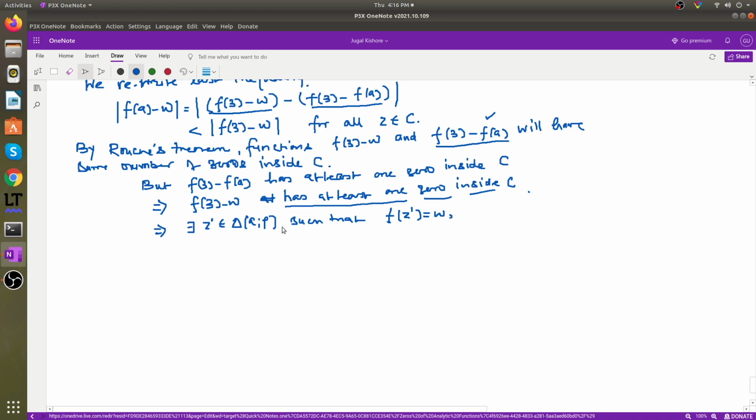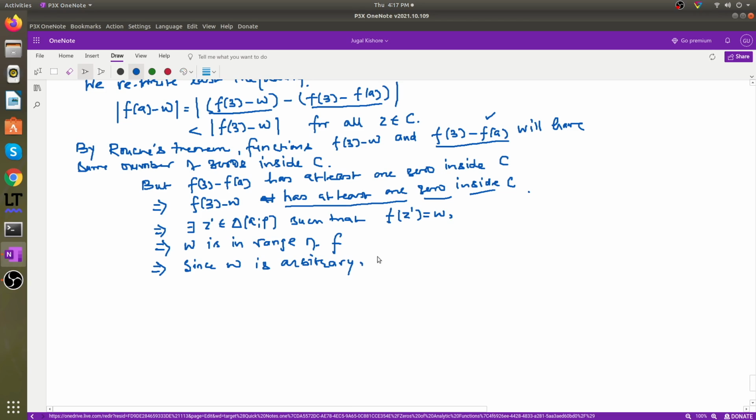Okay, so we have that w is in the range of f. And since w is arbitrary, our result follows.